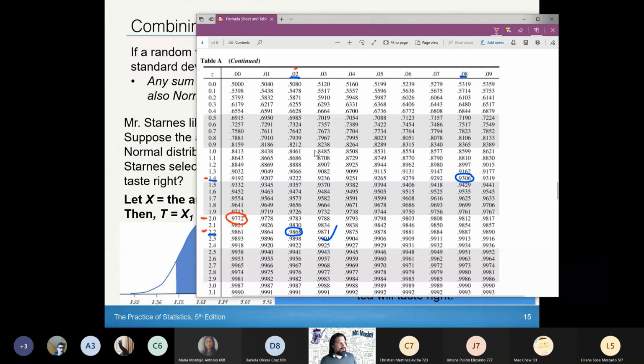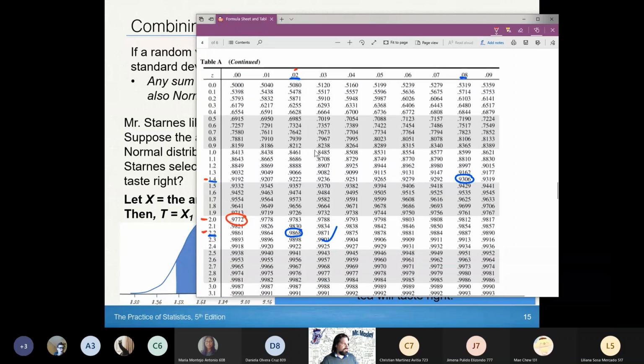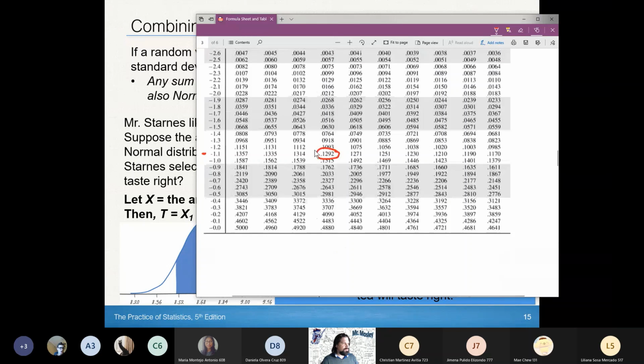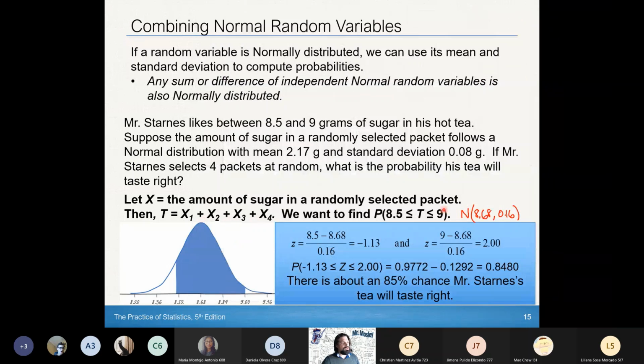Now we know that we subtract the 0.1292 from the 0.9772 because of how the distribution looks here. Table A always gives me the proportion to the left of a given value.